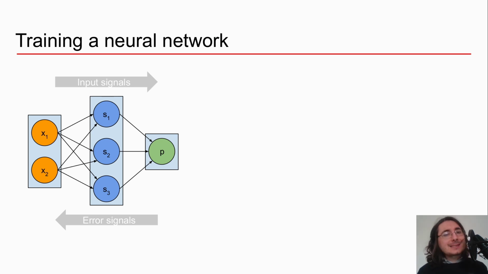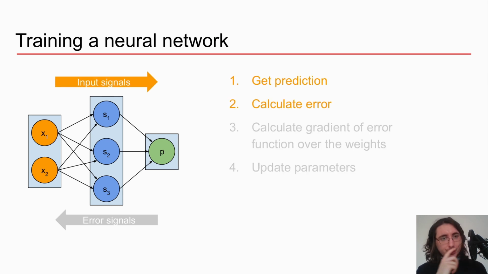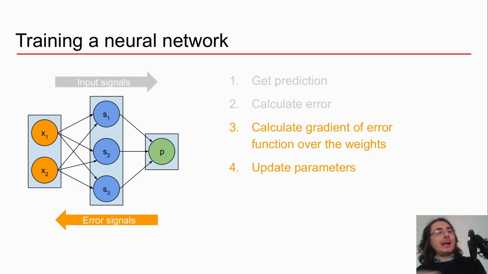Cool. So now let's break down these two big steps, forward propagation and back propagation, into their sub-steps. When we have this forward propagation, what we do basically is we get the prediction, and in the end we calculate the error. Then when we have the error traveling back, so the back propagation side, we do two things.